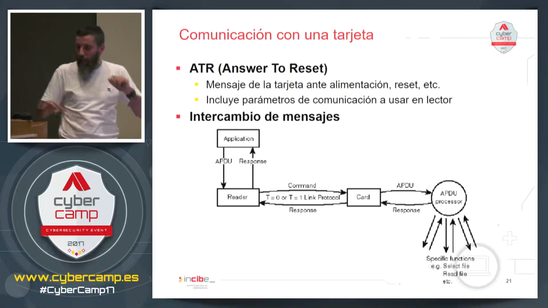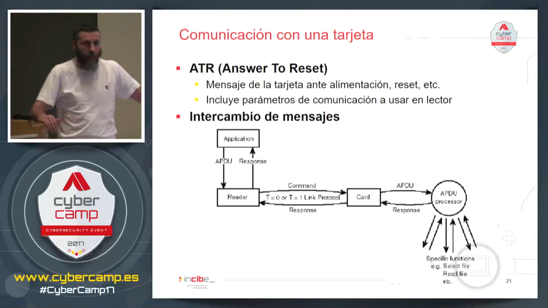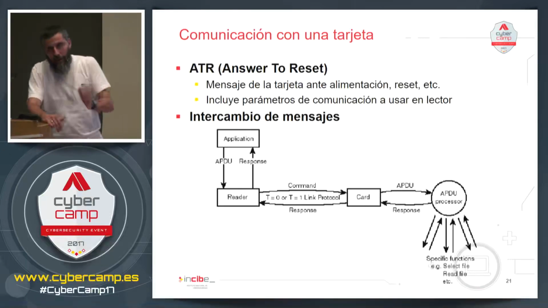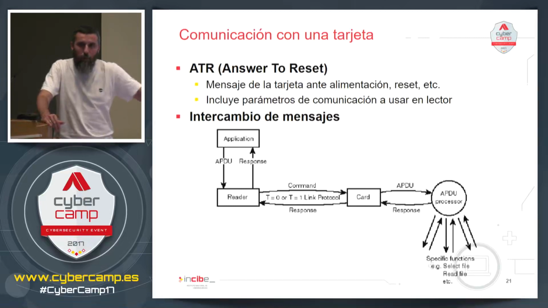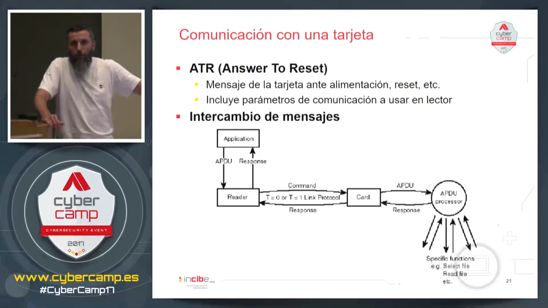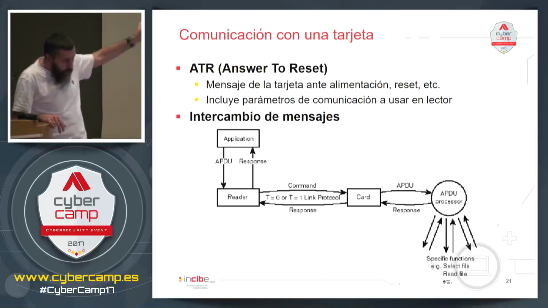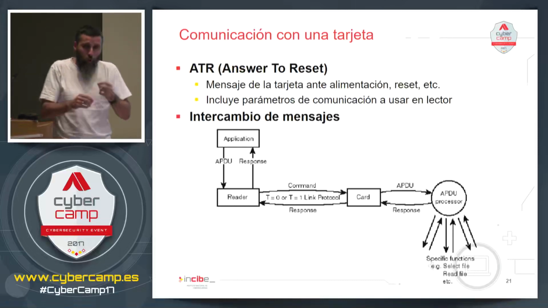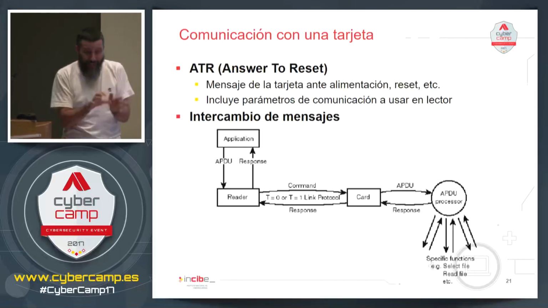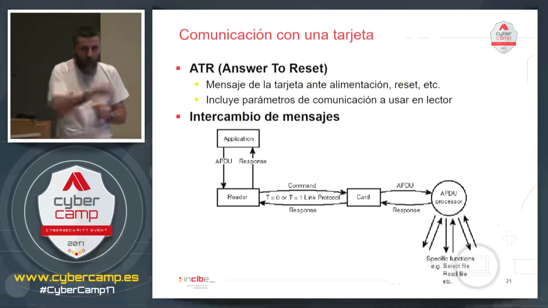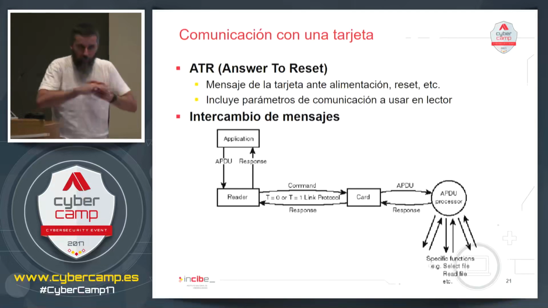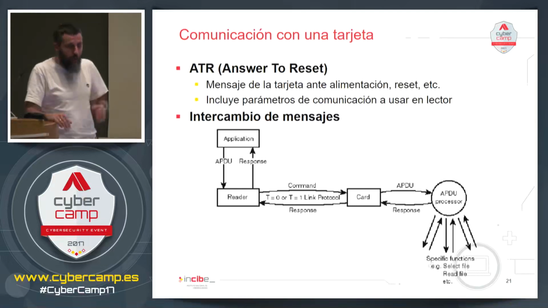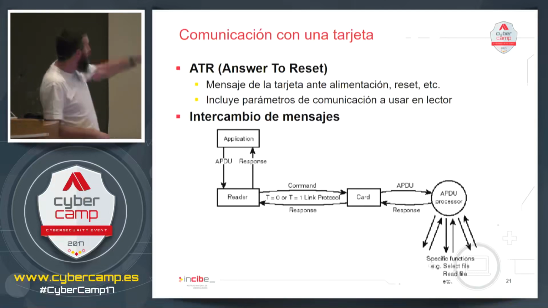So at that moment, the card sends a message called ATR, answer to reset. This message returns information about the protocols, the times, and physically what sort of protocol I should use. From that moment onwards, I can start exchanging messages.